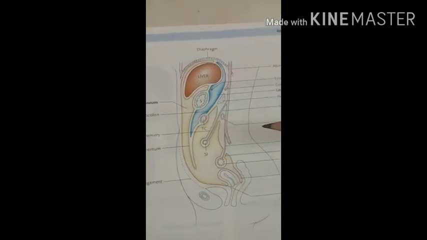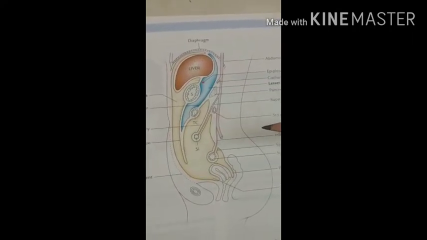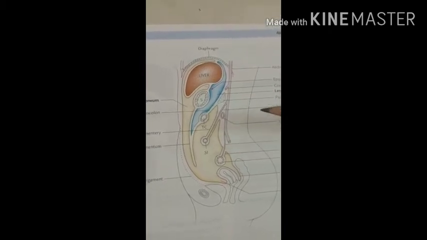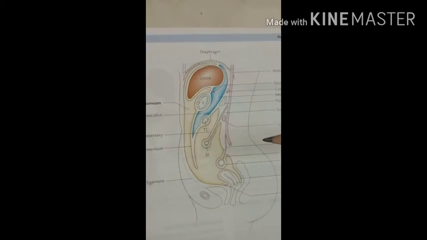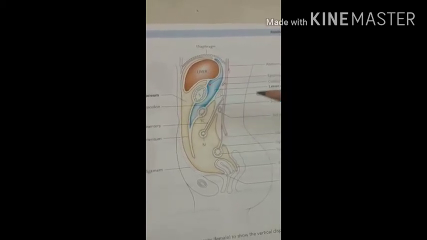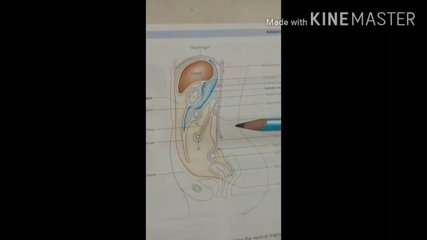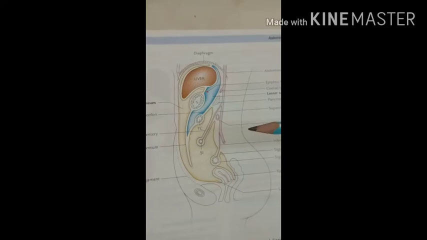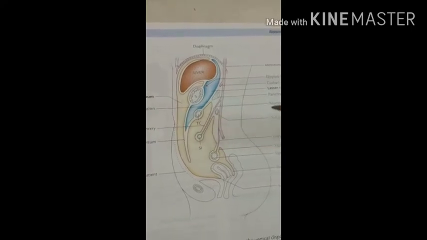Then the second layer is the lamina propria. It is made of loose connective tissue which supports the blood vessels that nourish the inner epithelial cells, and various amounts of lymphatic tissue that have a protective function.